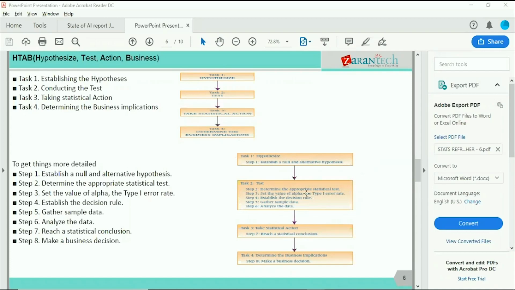Then we set alpha, which is also called the type 1 error. It is the same alpha that we were dealing with till now. Then establish the decision rule, whether it is greater than, less than, or not equal to. Then gather the sample data and analyze the data.